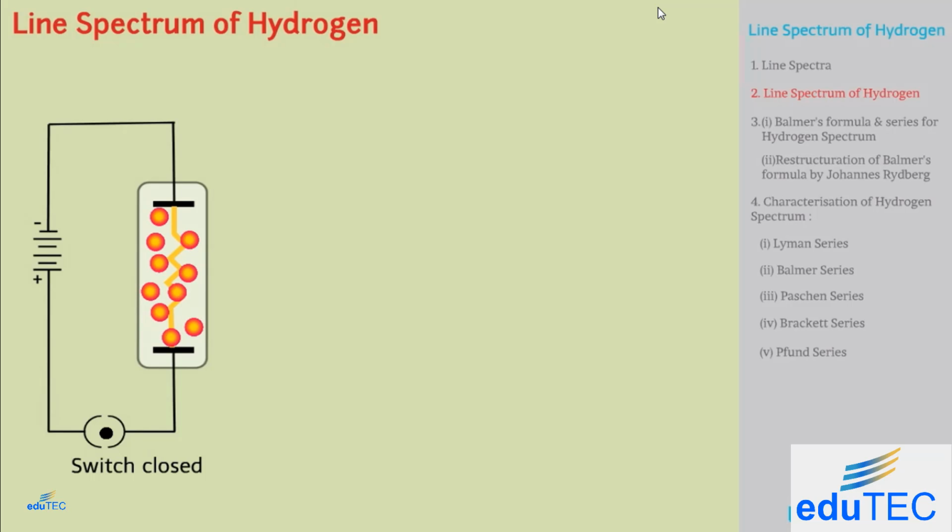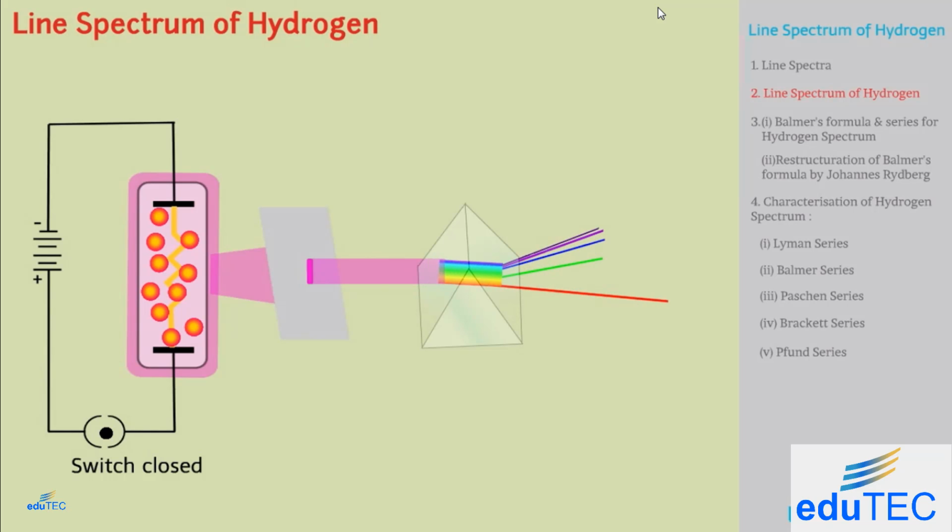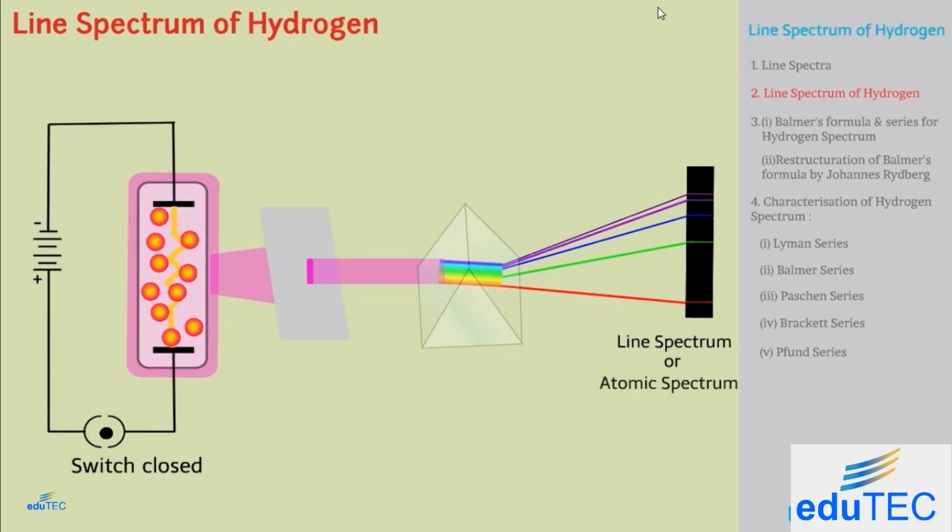In turn, the excited hydrogen atoms emit radiations containing discrete frequencies and the tube shines with bright pink color. The dispersion of this light gives the line spectrum or atomic spectrum of hydrogen atom.